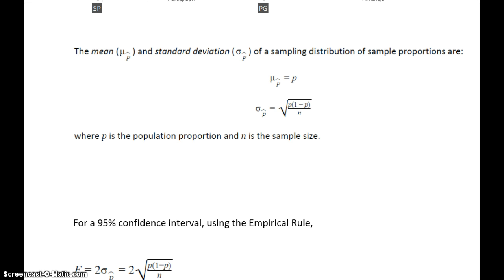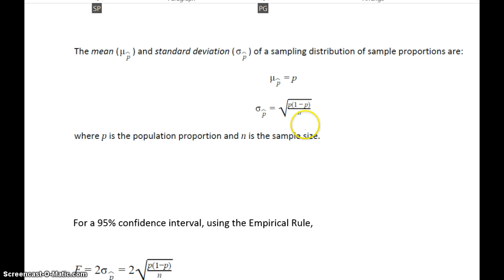Now, if you were to construct a dot plot using a computer simulation of all possible P hat values, the mean of all the possible P hat values, in other words, the center of the dot plot, is just equal to the true population proportion. So again, the true population proportion is the mean of the p hats.